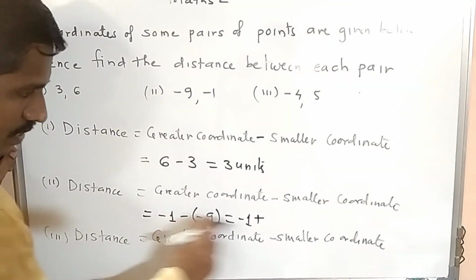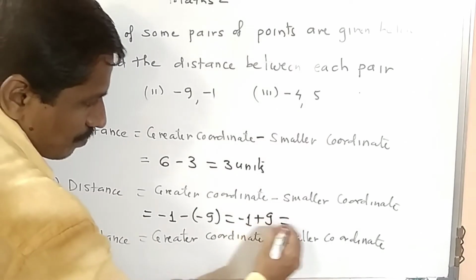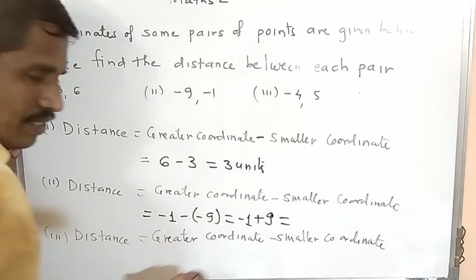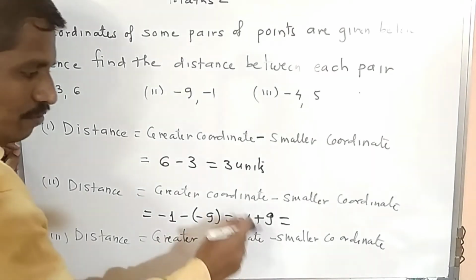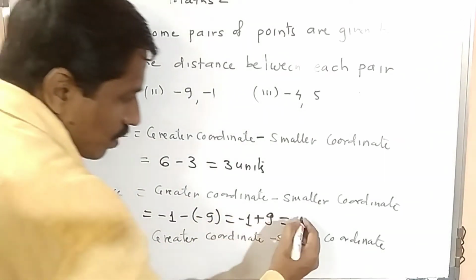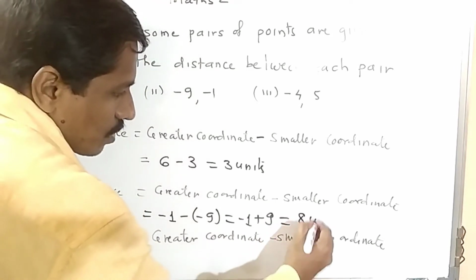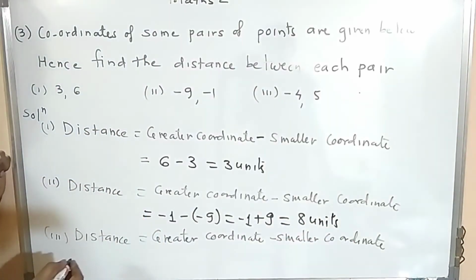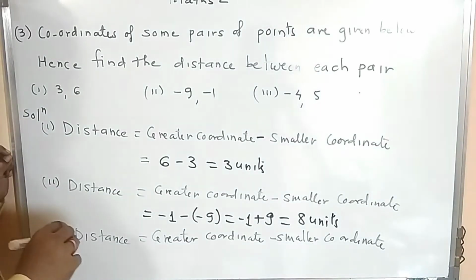This minus will become plus. Since the signs are different, we should subtract smaller from the greater one. 9 minus 1, 8 units, with the sign of the greater number. And always remember, distance cannot be negative.